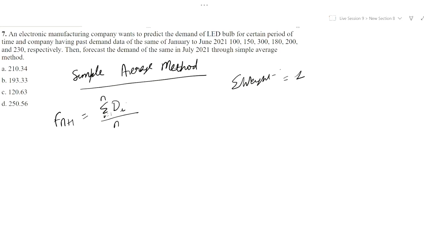Now we have 1, 2, 3, 4, 5, 6. So we have n is equal to 6. So each weight is 1 by 6.